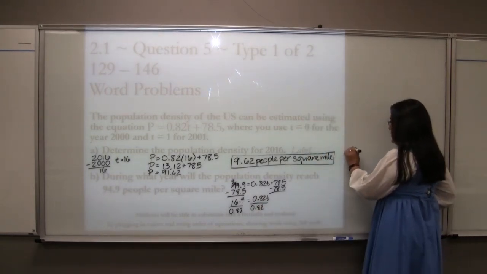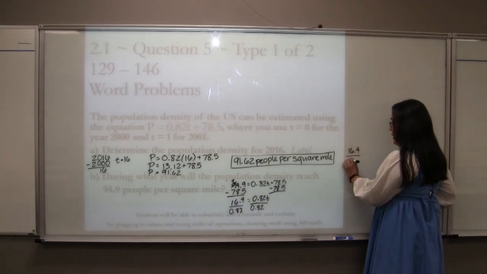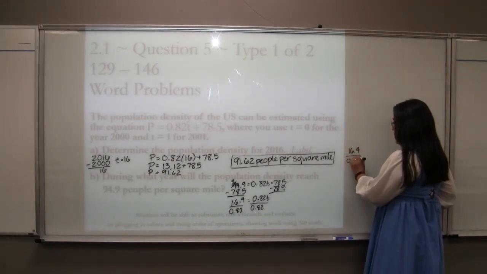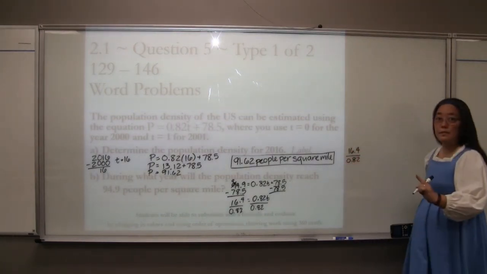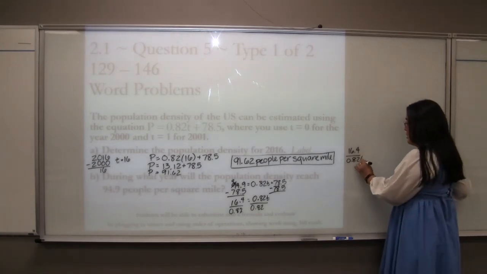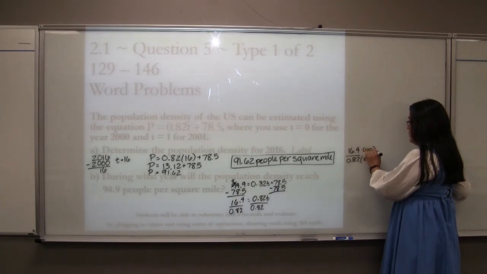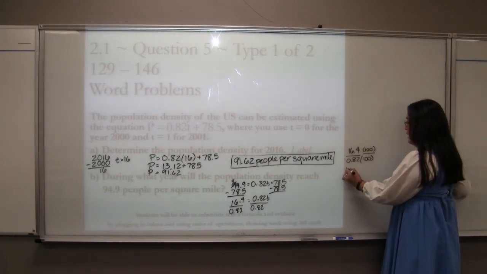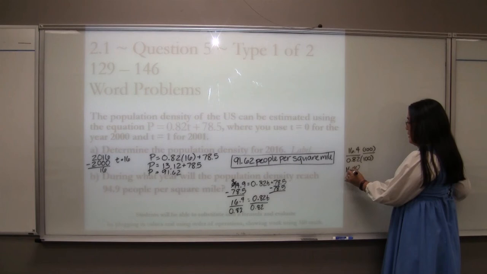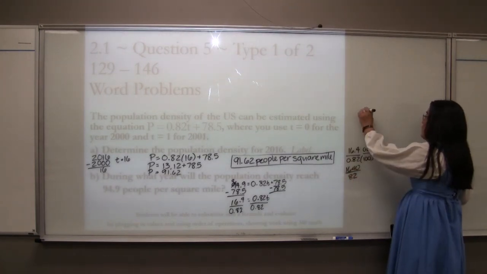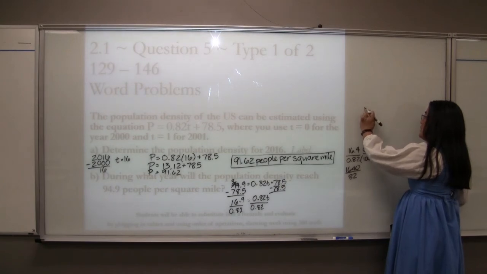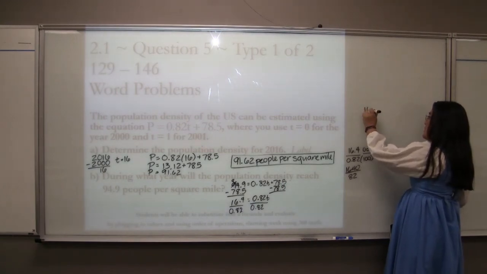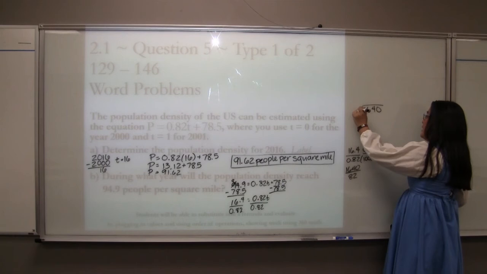So if I have 16.4 divided by 0.82, I never want to have decimals in the denominator when I'm dividing, so I want to multiply top and bottom by 100. That will move the decimal over 2 places and give me 1640 divided by 82. 1640 divided by 82.